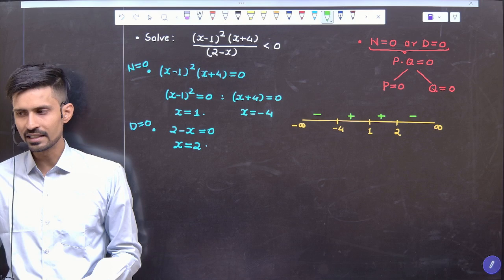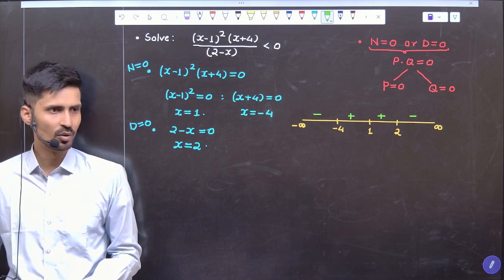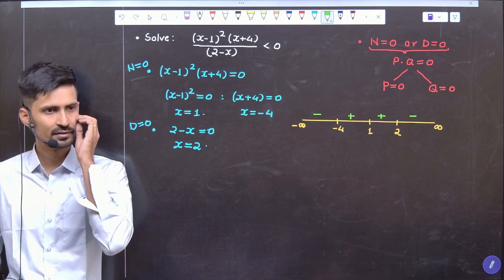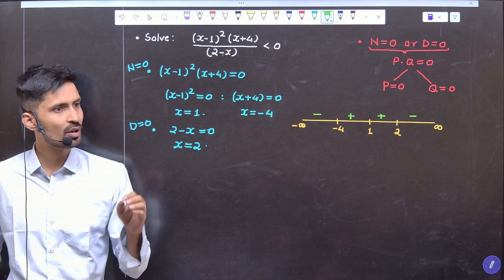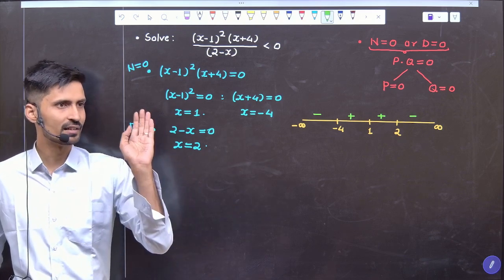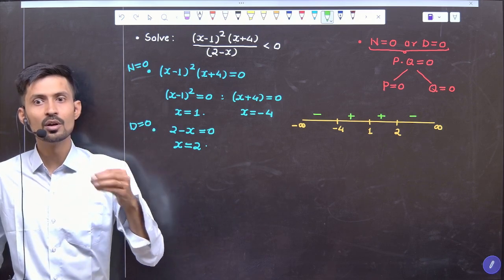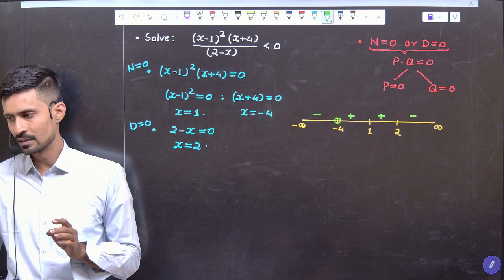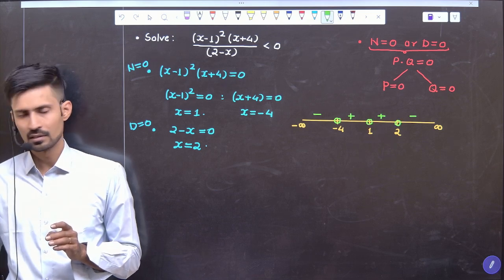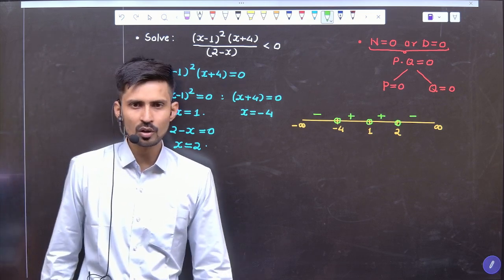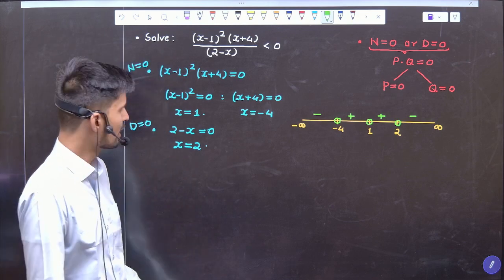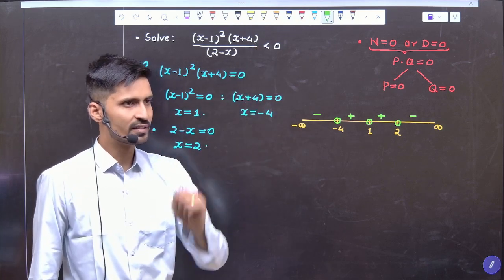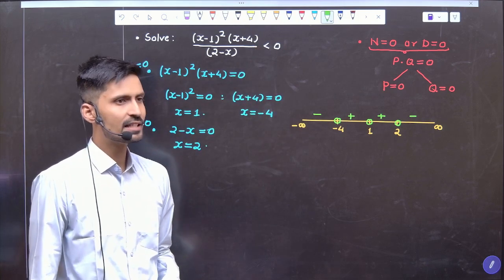Is there an equals to sign? No. So numerator roots open bracket, and denominator roots always open bracket. It means all roots open bracket. Now, less than 0, what does it mean?